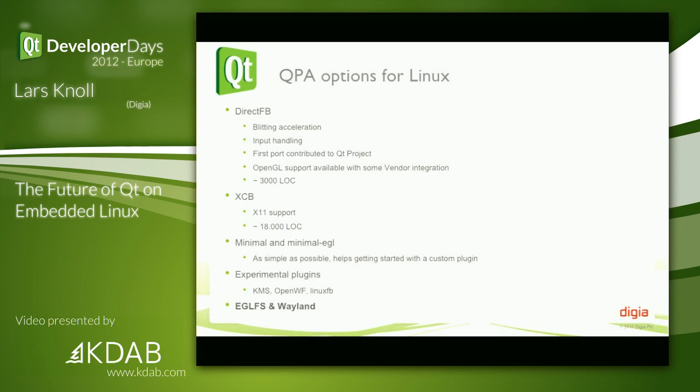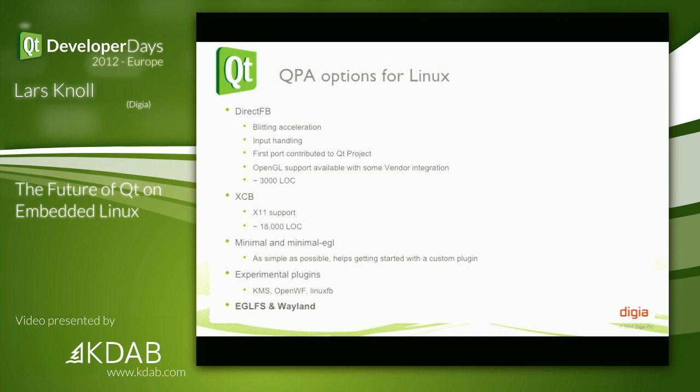It basically works on DirectFB, has some acceleration for blitting, and has full input handling on Linux through UDEV and EVDEV. So we detect the keyboards, the attached input devices, touch screens, and so on, and basically use them directly.